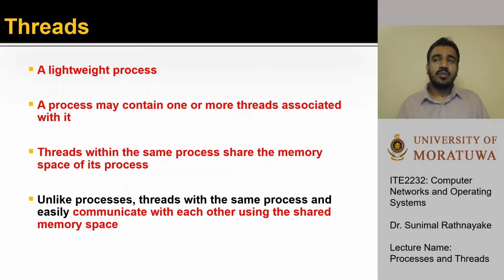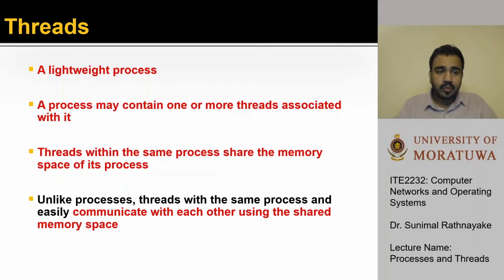So threads share the memory space of the process that they are contained in. So if one thread creates a variable in this shared memory space, another thread in the same process can see that variable. So there's a shared variable. So communication is easier.